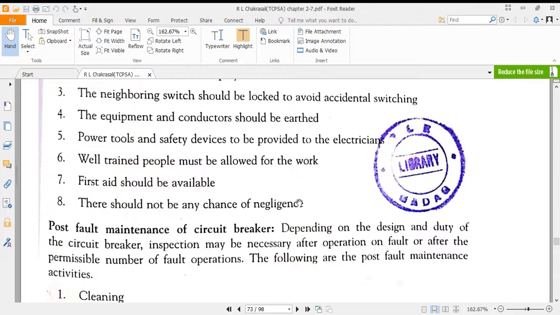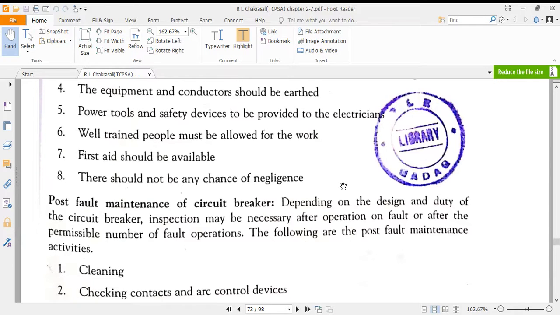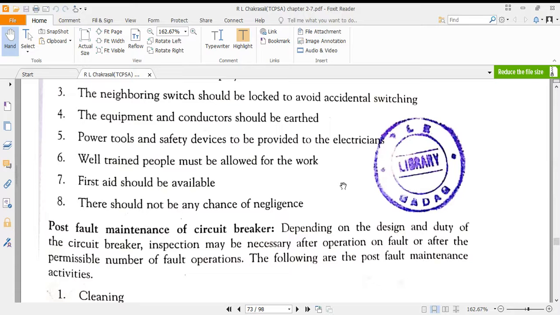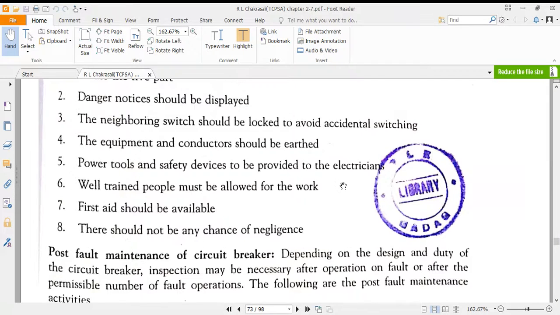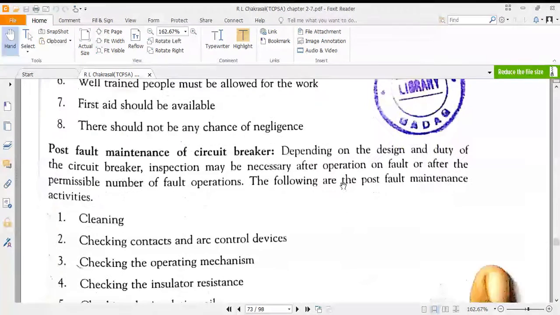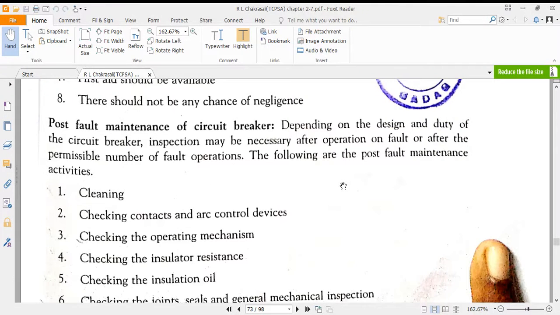Safety devices are very important. Only well-trained people must be allowed to work. First aid should be available in case of emergency. There should not be any chance of negligence. This work has to be done with utmost care to avoid electrical accidents.